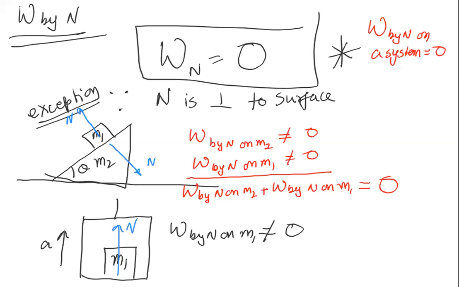Or else you will have to find the line integral, I don't. But as far as I have seen, work done by normal reaction is always equal to zero. Okay.